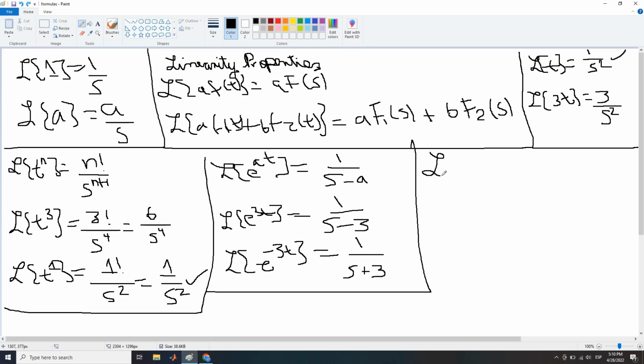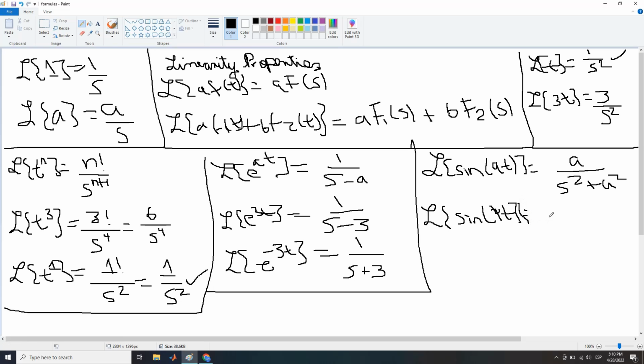Now the Laplace transform of the function sine of a constant a times t will be equal to a over s squared plus a squared. So let's do an example. The Laplace transform of sine of 4t, where a is equal to 4, will be equal to 4 over s squared plus 4 squared, which is 16.